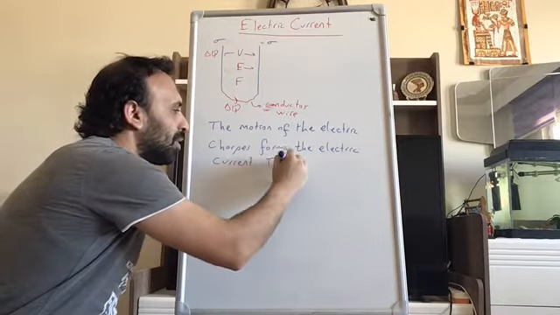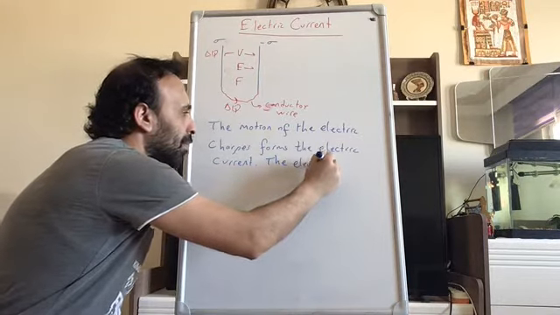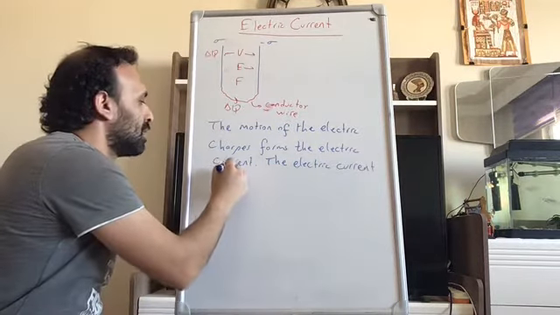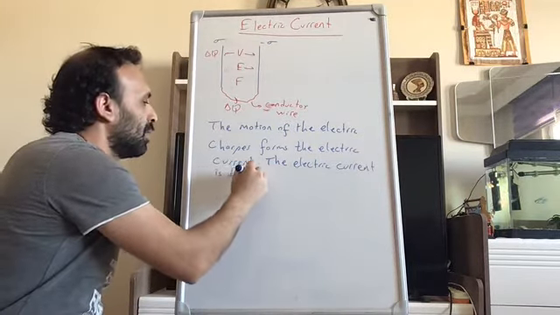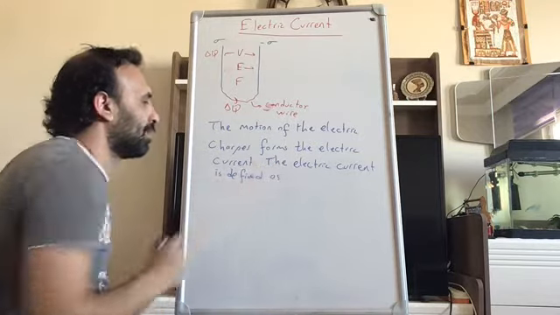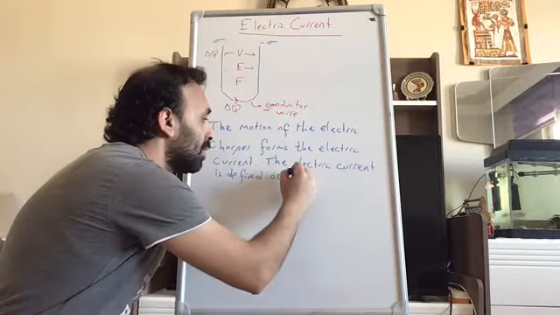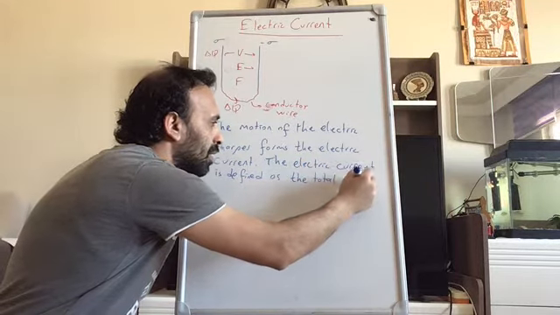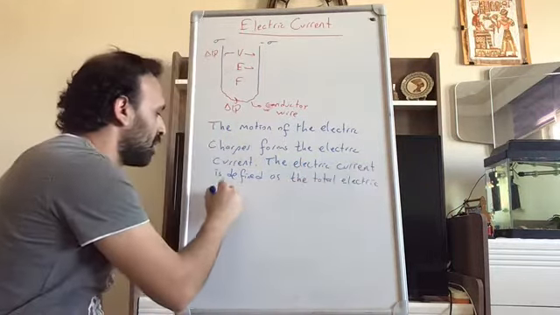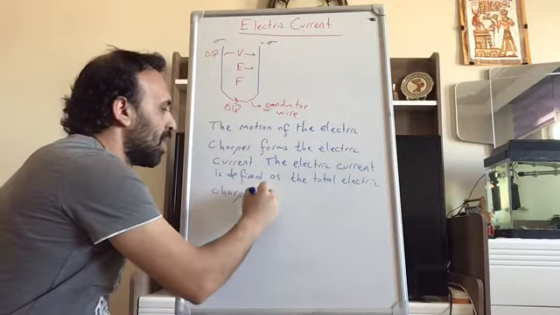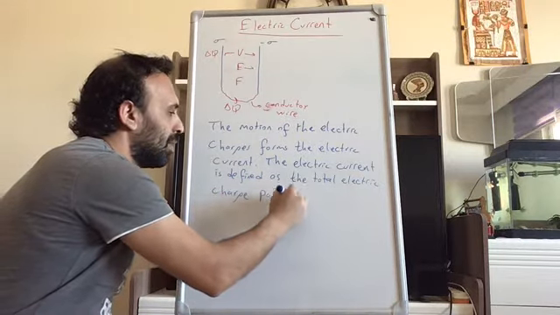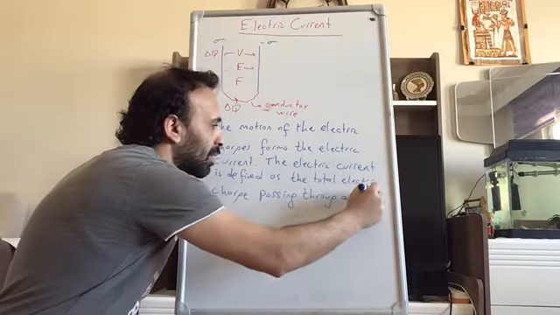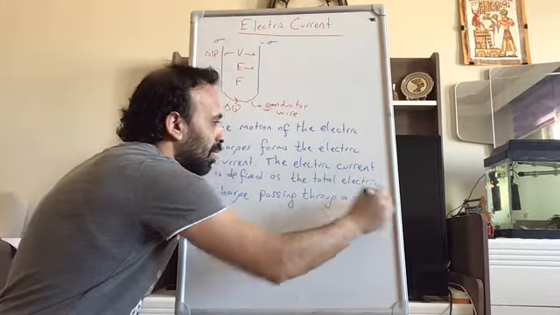The electric current is defined as the total electric charge passing through a material per unit time.